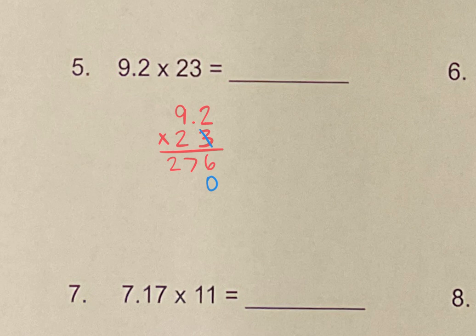We would do 2 times 2, which would be 4, and then 2 times 9 would be 18, right? And I'm going to go back to red for a minute, and we add these two partial products together. We get 6 plus 0 is 6, 7 plus 4 is 11, 1 plus 2 is 3, and then 3 plus 8 is 11 again, and then 1 plus 1 is 2.